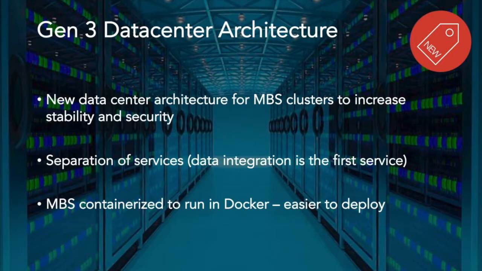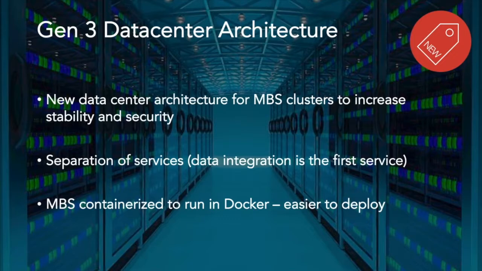We increased the commonality that we have between our different places. We use AWS. We also use Google Cloud Platform for our deployment. So we want to make sure that our data center has a common platform that can be used regardless of which place we're using. And as you see on there, we're making MBS now so it can be deployed in containers.